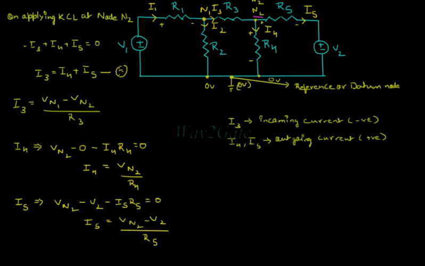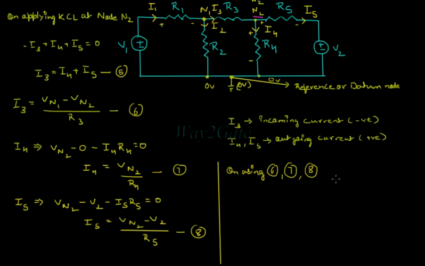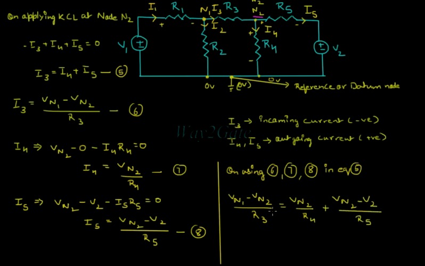If this is equation 5, this is 6, this is 7, and this is 8, then using 6, 7, and 8 in equation 5, we get the KCL equation in terms of node voltages Vn1, Vn2 and supply voltage V2.